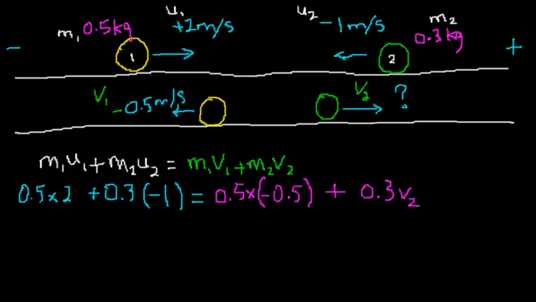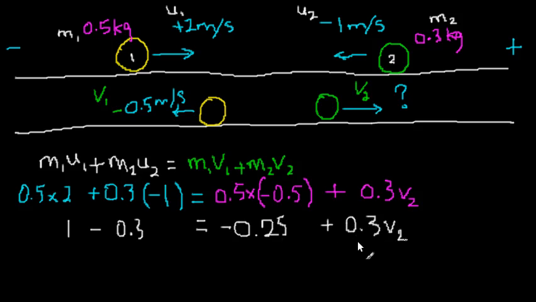So I shall next simplify and calculate. 0.5 times 2 is 1. 0.3 times 1 is 0.3. I have a minus sign there, so it becomes 1 minus 0.3. 0.5 times 0.5 is 0.25, and I have a minus sign there. Plus 0.3 v2.